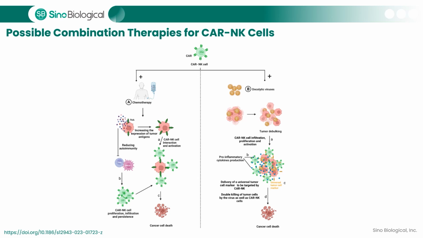Moreover, by decreasing the Treg and MDSCs, chemotherapy further promotes the CAR NK cells' proliferation, infiltration, and prolongs their survival in the tumor microenvironment. Oncolytic viruses were also mentioned in the combination approaches: the tumor debulking induced by the oncolytic viruses further enhances the CAR NK cells' infiltration.